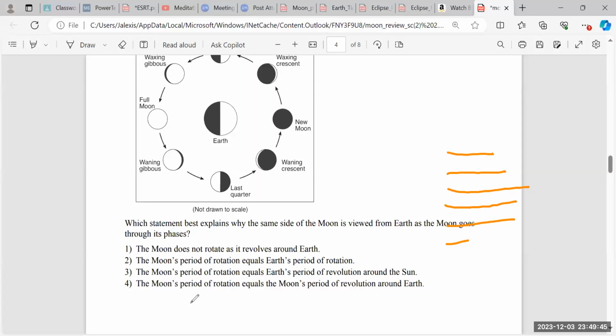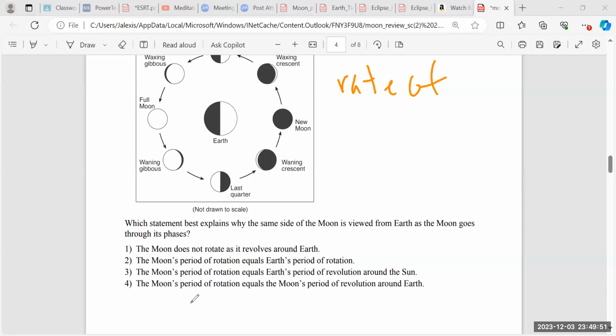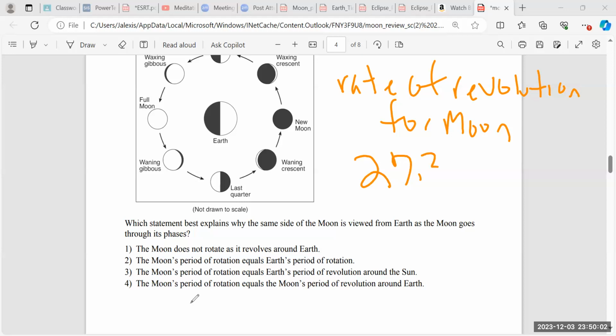That means that the rate of revolution for the moon is 27.3 days. That means that it takes 27.3 days for the moon to go around the Earth.